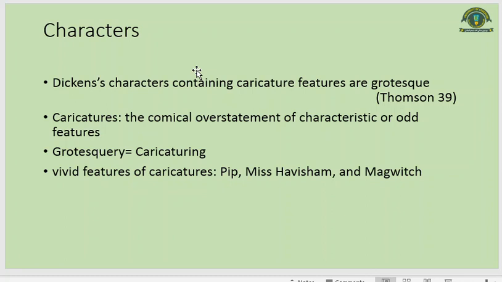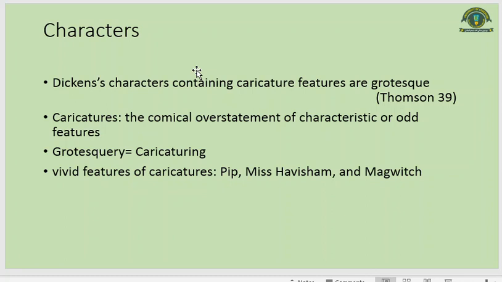We will learn the vivid features of caricatures in characters like Pip, Miss Havisham, and Magwitch.